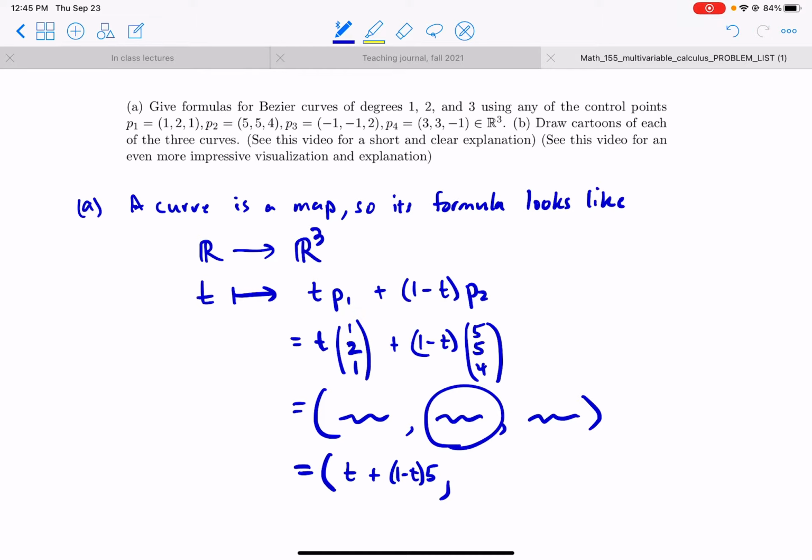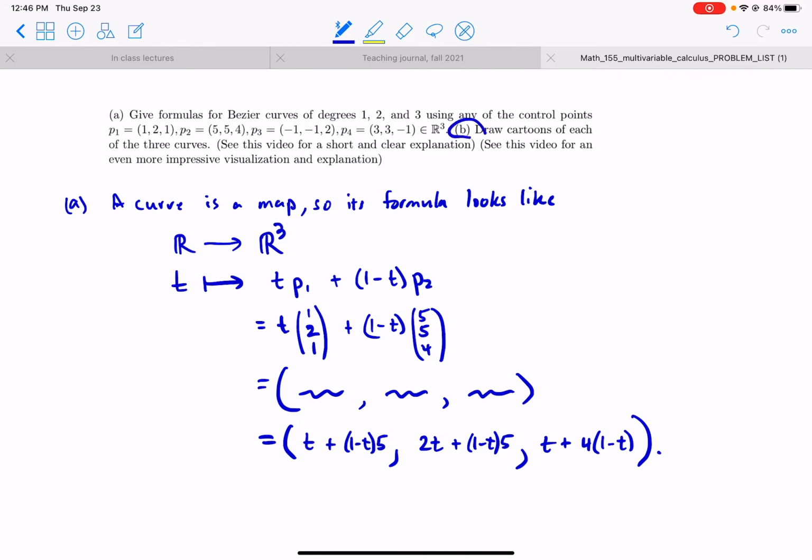What's the second coordinate function? 2t plus 1 minus t times 5. And the last coordinate is t plus 4 times 1 minus t. Or I could have said 1 minus t times 4. Now I'm done with the degree 1 Bezier curve.